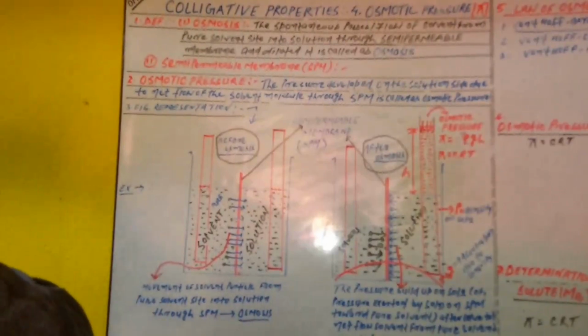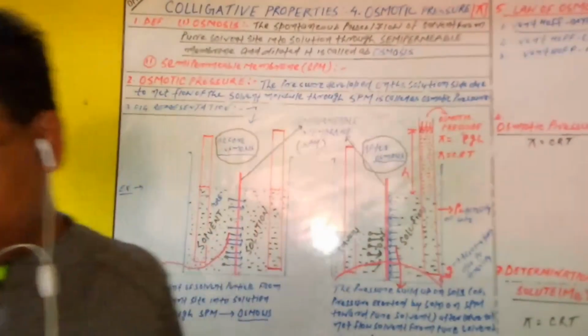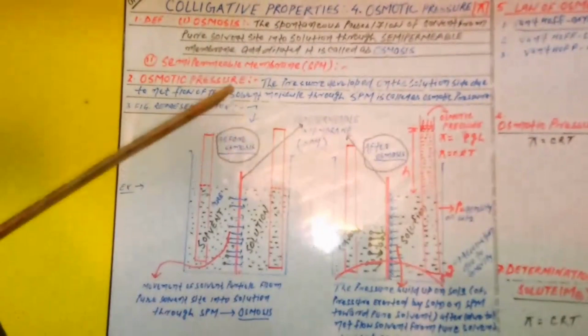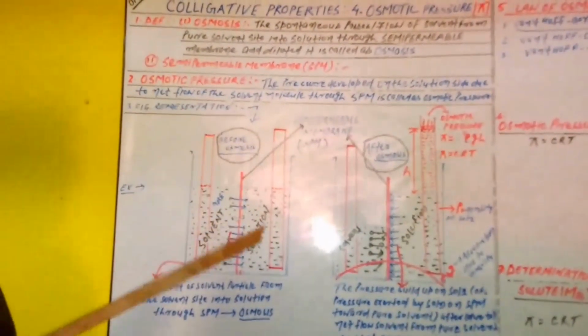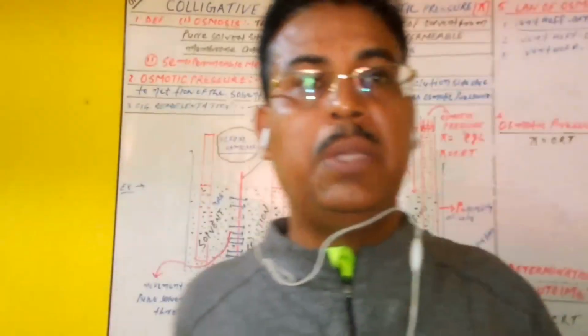Again we repeat this definition: the excess pressure that must be applied to a solution to stop the passage of solvent molecules through a semi-permeable membrane into the solution is known as osmotic pressure.